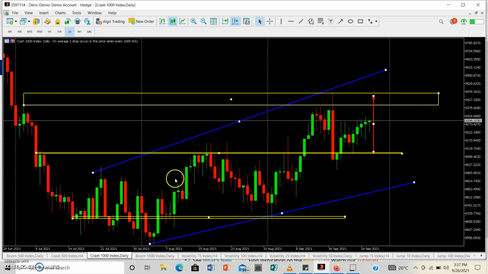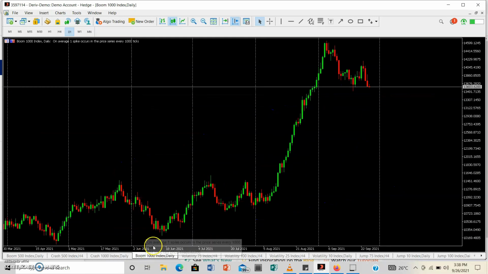If price keeps on pushing up, again we have the benefit that our channel is pointing up, so buy trades will become more and more important, right?